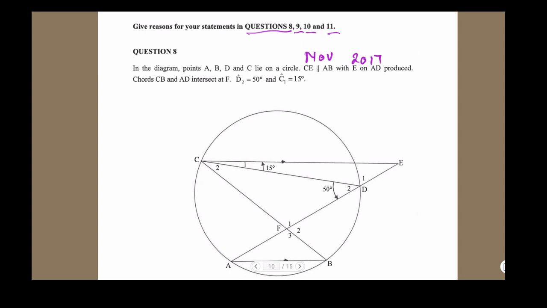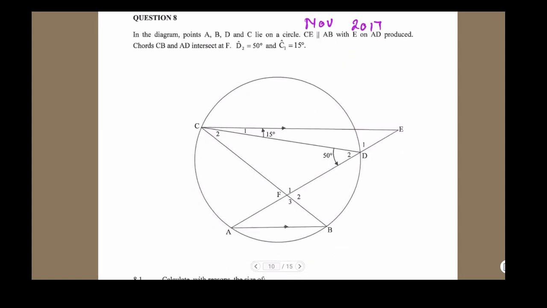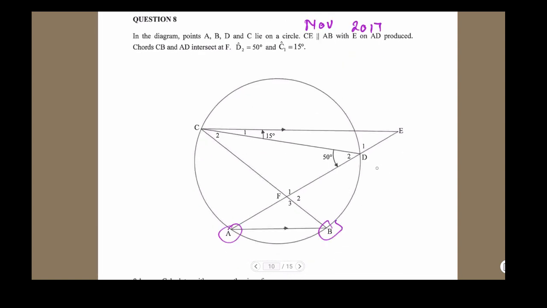In the diagram, points A, B, C, D, E lie on a circle. So let's check those points. Points A, B, D, C all lie on the circle, with CE parallel to AB. CE is this one here, and AB is this one here.